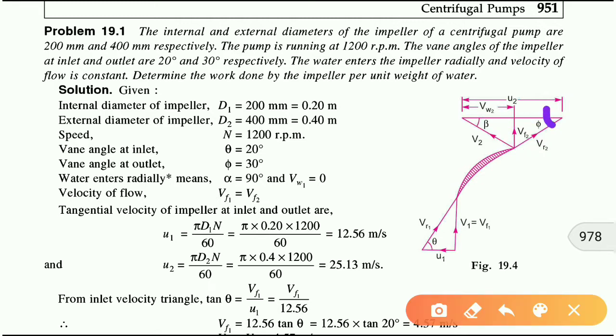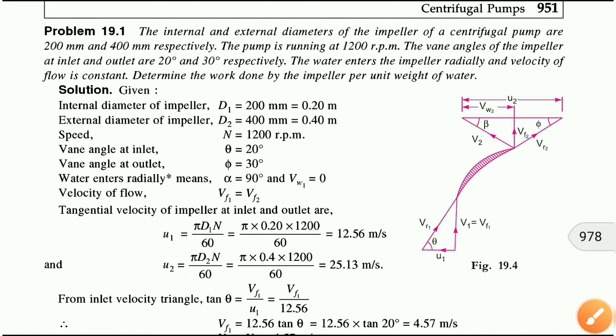So value of phi is given in this example as 30 degree, and this U2 is the tangential velocity at the outlet, and Vw2 is the whirl velocity at the outlet.